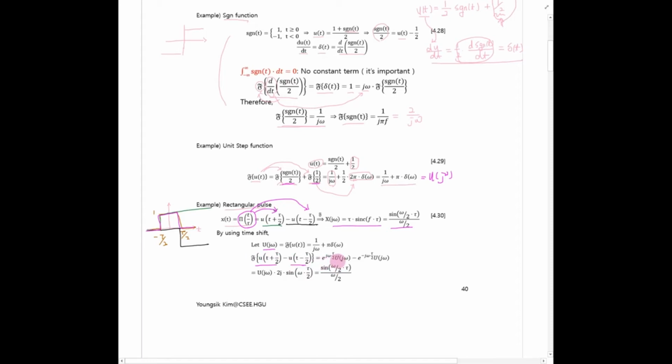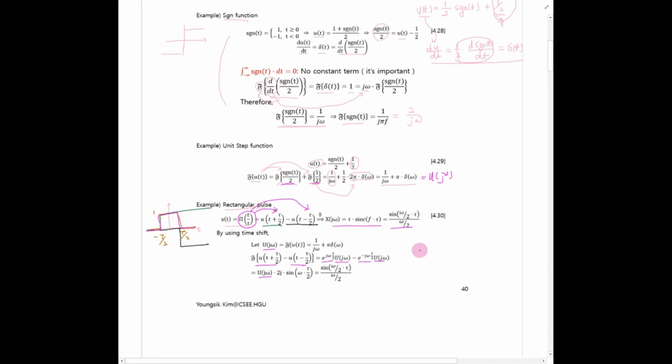The time shift gives a phase change like that, and the unit step is converted into U(j omega). Similarly, the other time shift term is given like that, with the unit step given like that. By factoring, we can express the unit step transform times e to the j omega tau over 2 minus e to the minus j omega tau over 2.